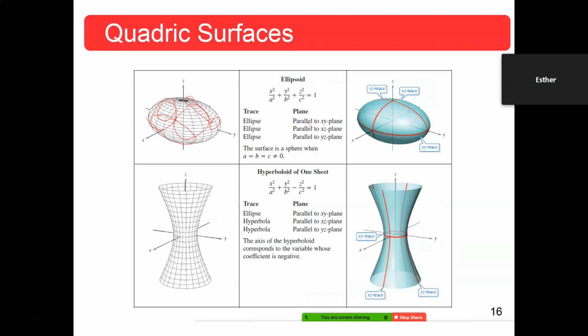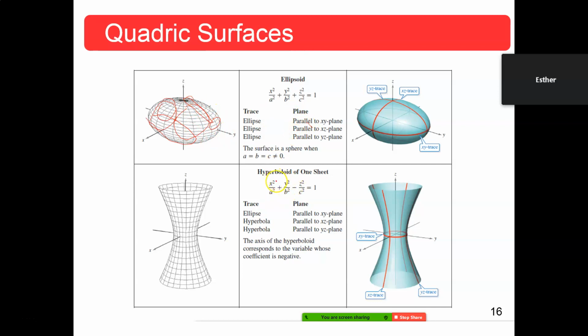Now, let's go back and look at the traces here. This is what I was trying to show here. Every trace that you have parallel to the XY, YZ, and XZ planes, all of those are ellipses.